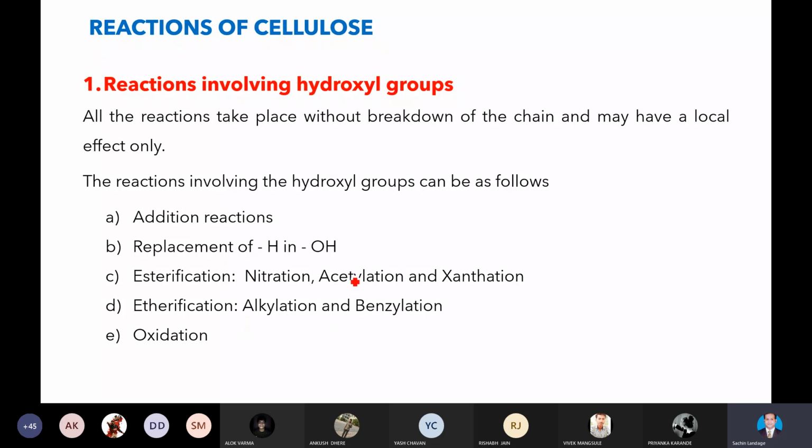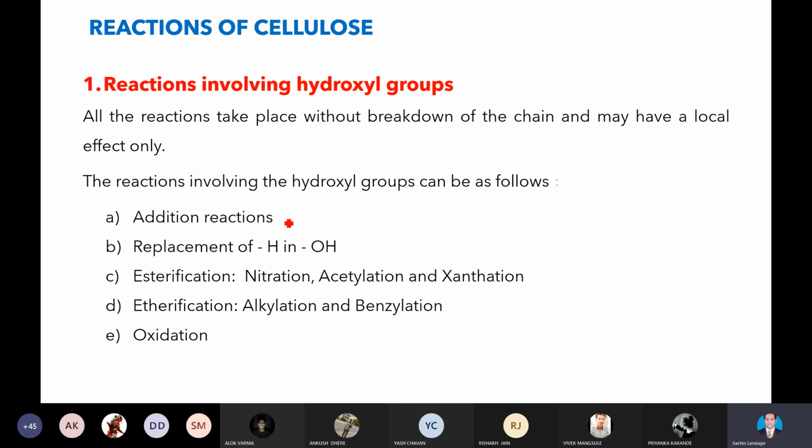So the reactions involving the hydroxyl group can be as follows. Either we can have the addition reaction, or the replacement of H from the OH group: esterification, which involves nitration and acylation; etherification, that is alkylation or benzylation; and lastly the oxidation.